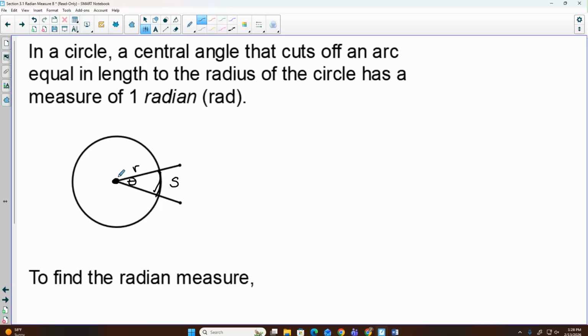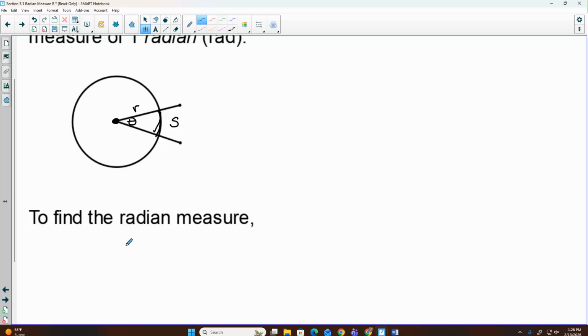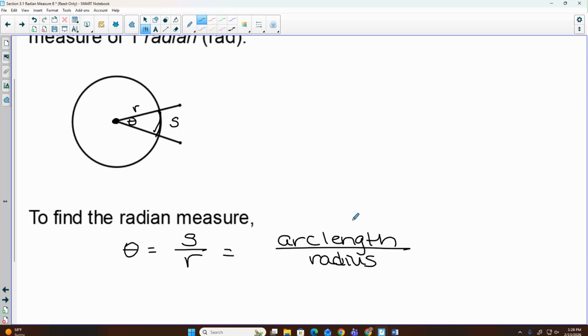So if my radius is 3 inches, how big does my angle have to be so that the distance on the outside of my circle is 3 inches? Okay, so that's what a radian is. To find the radian measure, then, you have to do S divided by R. That means arc length divided by the radius.